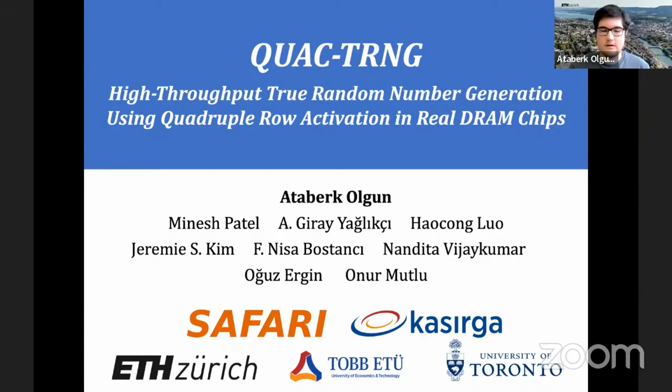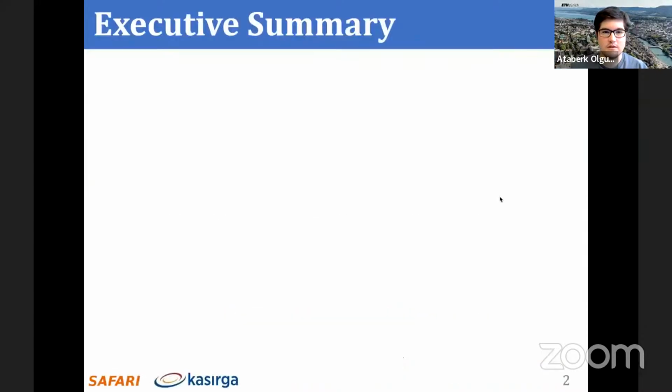Okay. Thanks, Hassan. So as Hassan said, I'll present this work, QUAC-TRNG, high throughput true random number generation using quadruple row activation in real DRAM chips, and it was published in the 2021 ISCA conference. So I'll start with an executive summary.